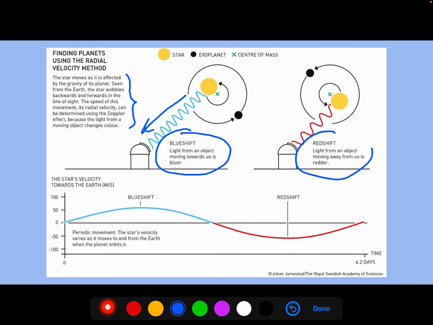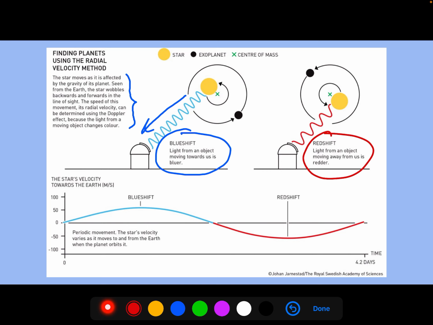And so scientists can determine then if a star is wobbling or moving to and fro, and they can take a look at it and make a determination if there is something indeed orbiting that star based on the red and blue shift that they can observe.